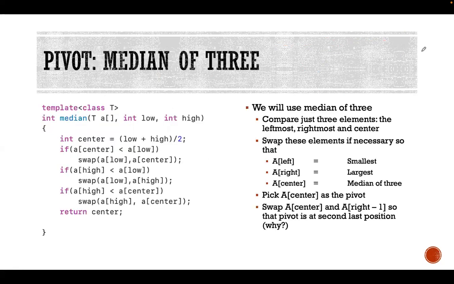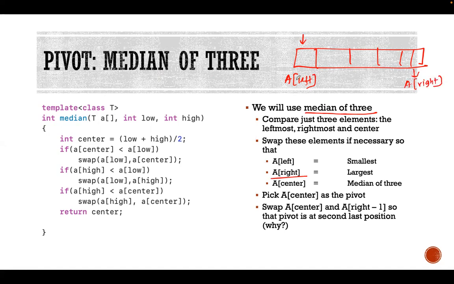So what strategy can we use here? What we can do is use the median of 3. So what is the median of 3? Let's see, we have an array here, and the elements are randomly ordered. We are going to take this value, which is the left, and this value, which is the rightmost element.